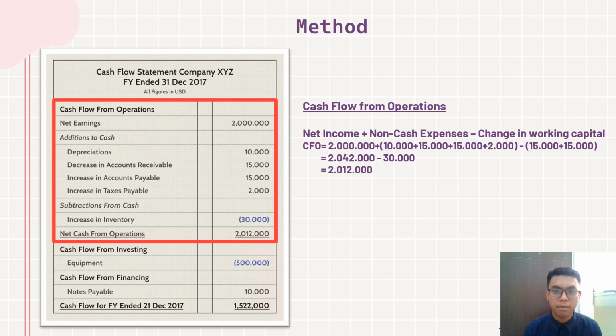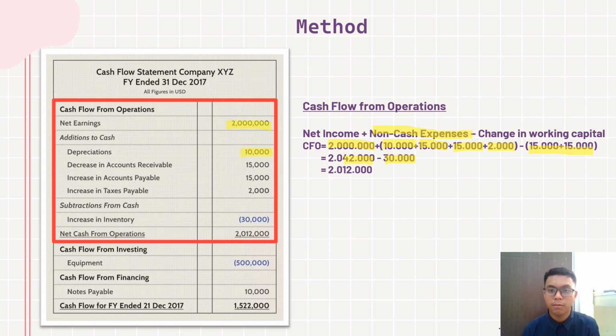Cash flow from operation equals 2 million, plus the total non-cash expenses: 10,000 plus 15,000 plus 15,000 plus 2,000 equals 42,000, and minus 15,000 plus 15,000 equals 30,000.